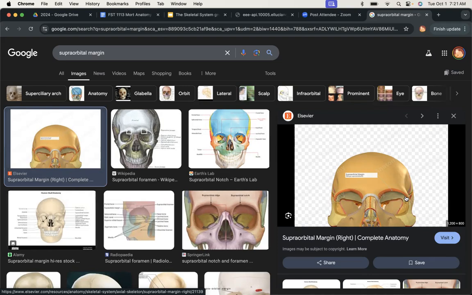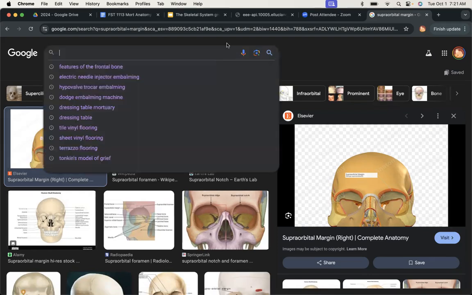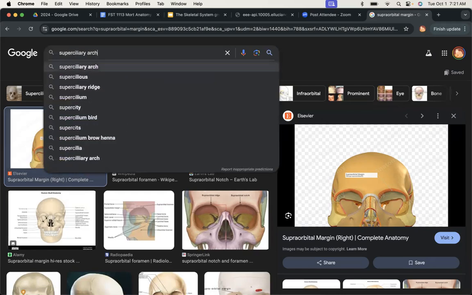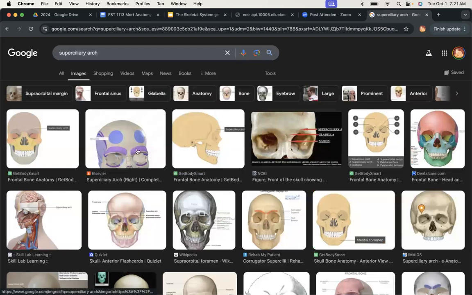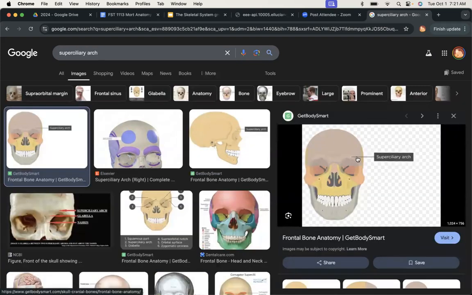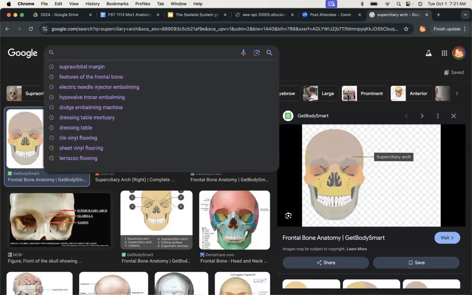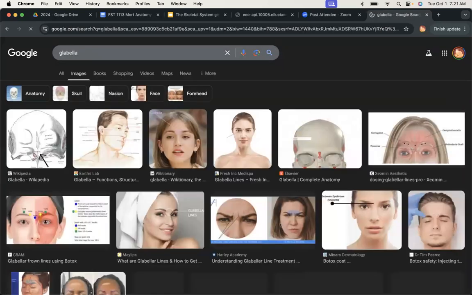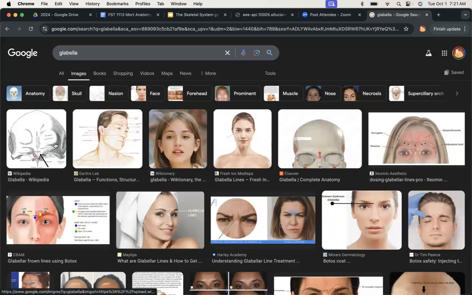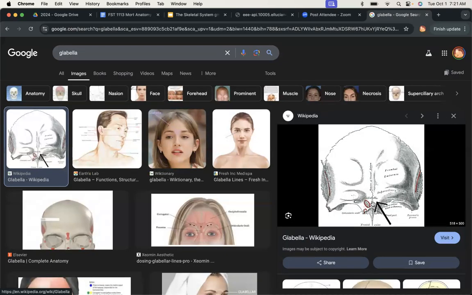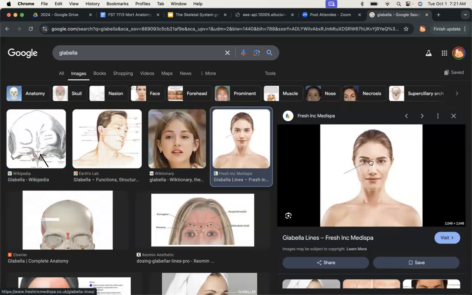And we have the superciliary arch. So that's going to be like where your eyebrows are. All right, you can feel it, touch your eyebrows. That's your superciliary arch. Beneath that, the glabella, in between your eyebrows.